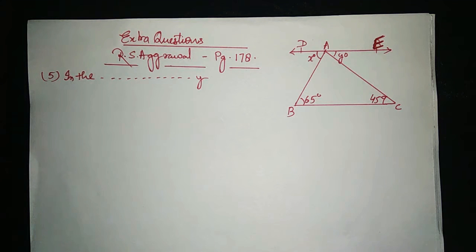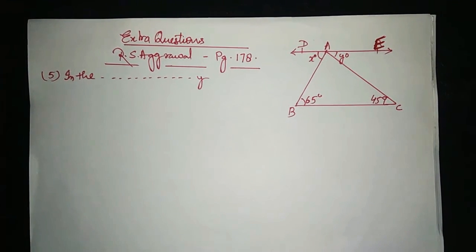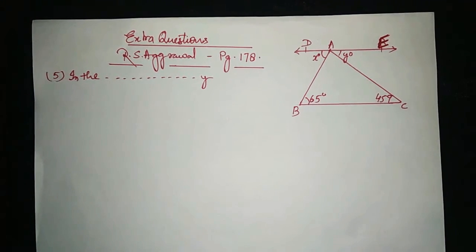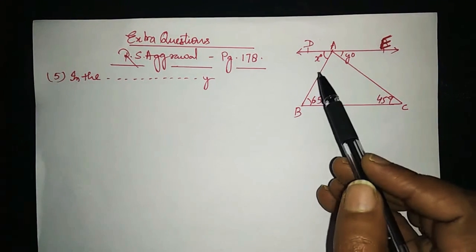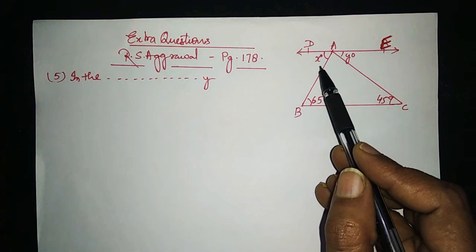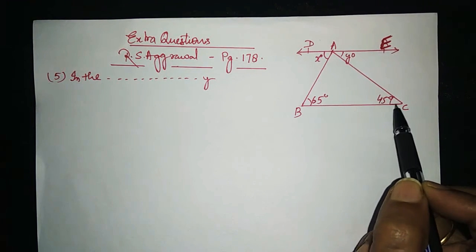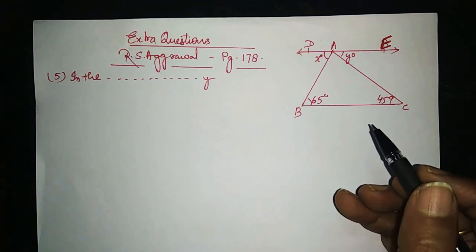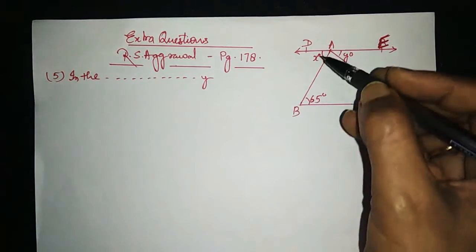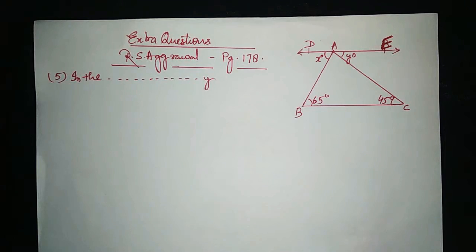First of all, to solve this question, we will see parallel lines and transversal line. For the measure of the angle x, we will take line DE and BC as parallel lines, okay? And AB we will take as transversal line.